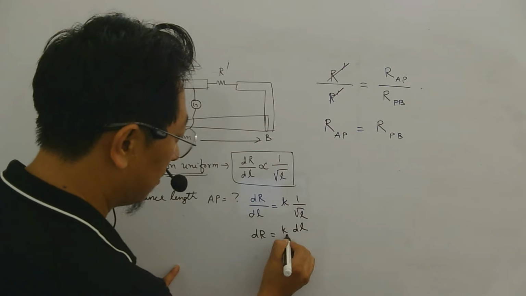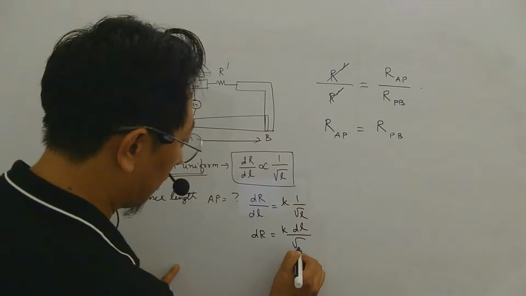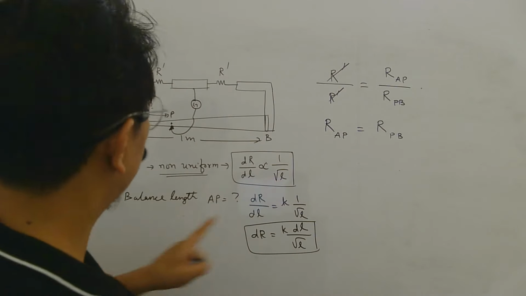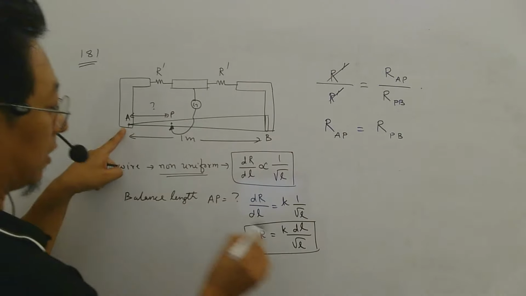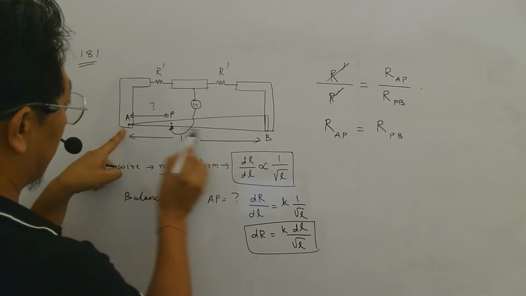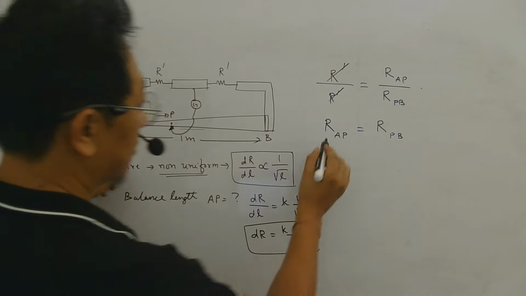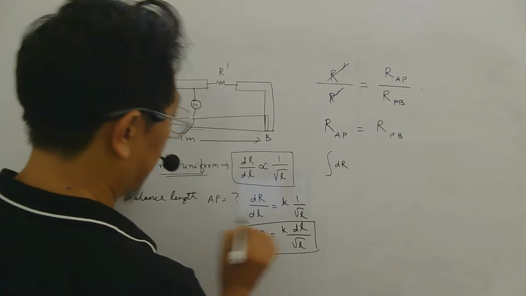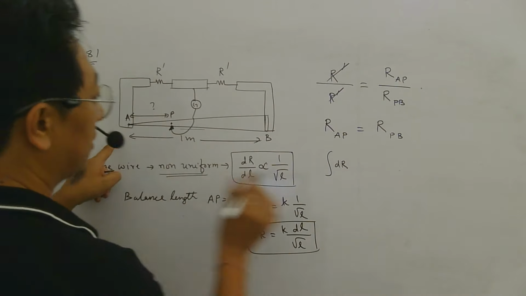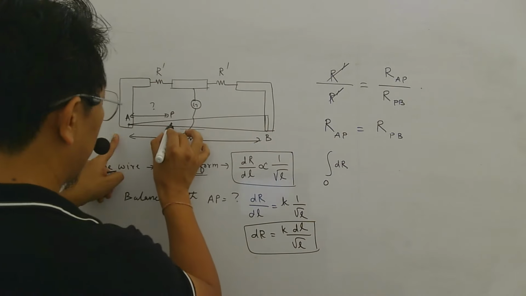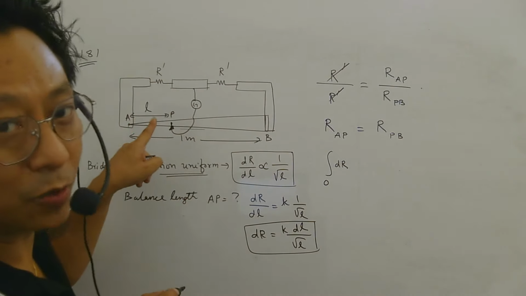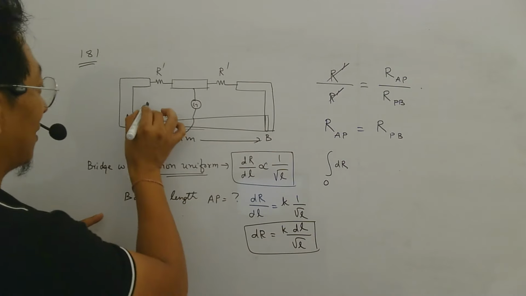K dl by root L. This R is the resistance from A to P, and remember this L is measured from the left end. So this resistance can be written as the integral of dr, resistance of a small part, from 0 up to here, and this is the balance length which we have to find. Let us write this as L.